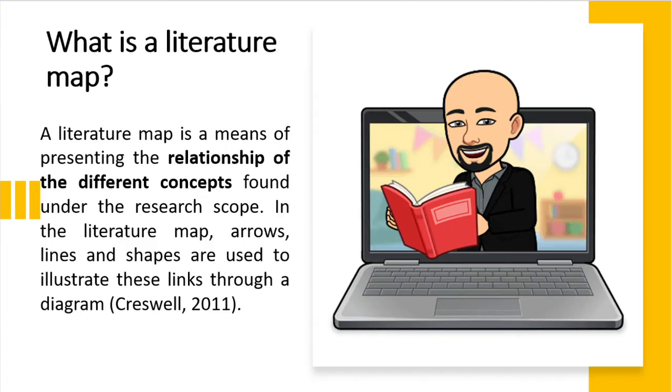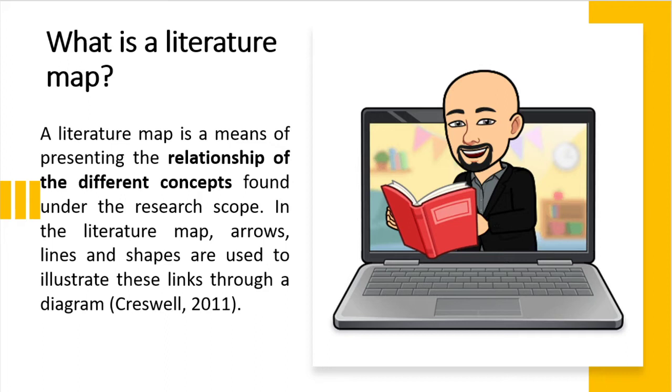So let's go to objective number 2. What is a literature map? Let's try and define that concept. A literature map is a means of presenting the relationship of the different concepts found under your research scope.